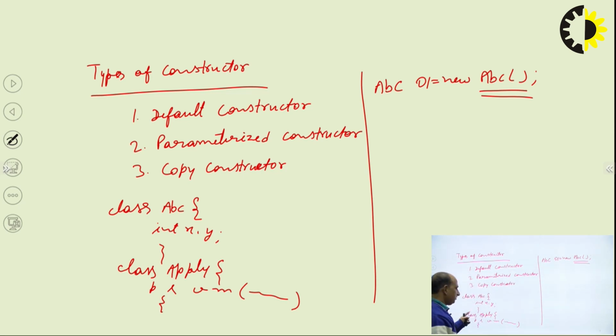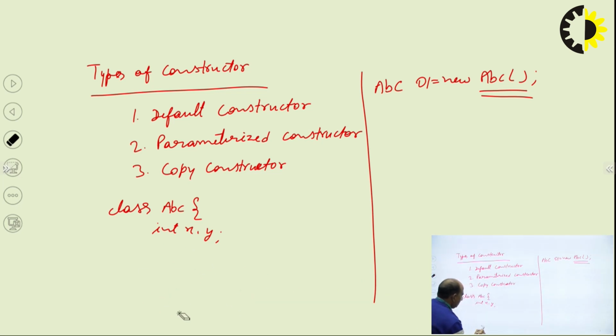What does it mean? Let's understand it by programming. If no constructor is available, then the default constructor is always available to create the object like this. But now I have created a default constructor like this.